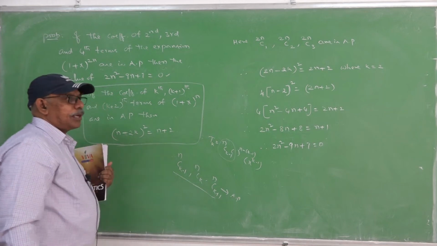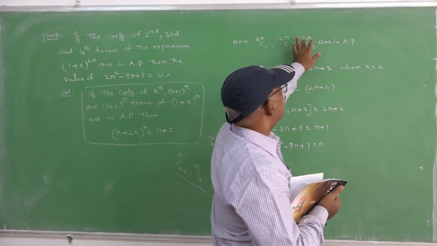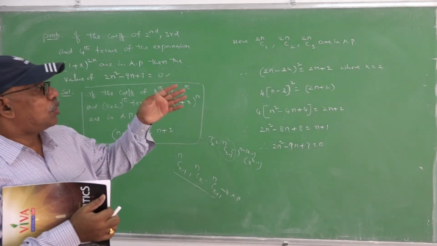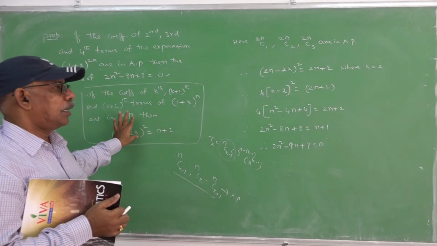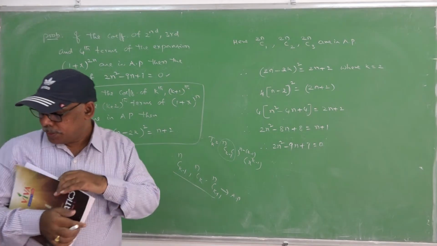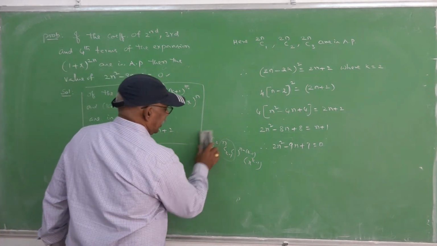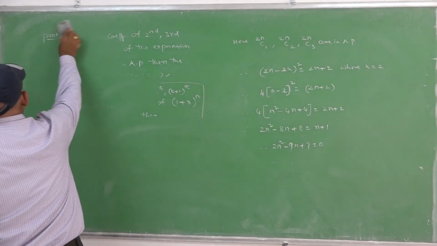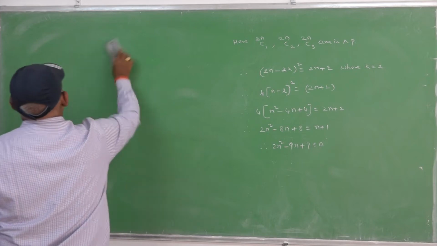Coming to the coefficients, they are 2nC1, 2nC2, 2nC3. Okay. So once these three are in AP, the required condition, replacing n with 2n and k equal to 2, we get the required relation. So this is one important relation. Once the coefficients of successive terms are in AP, you can apply this result: (n − 2k)² = n + 2.